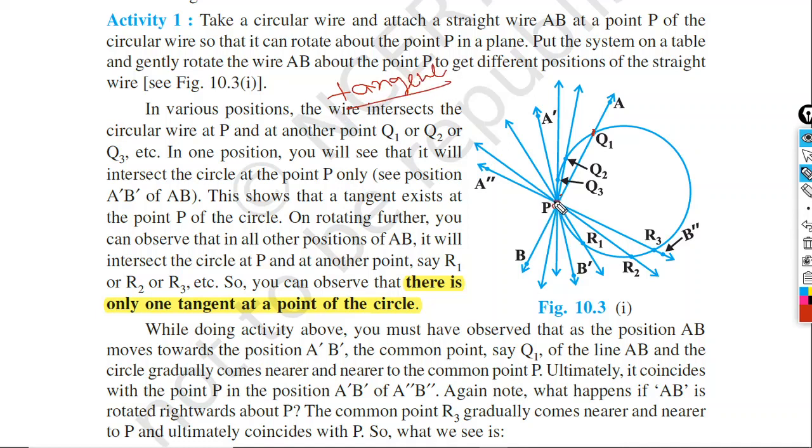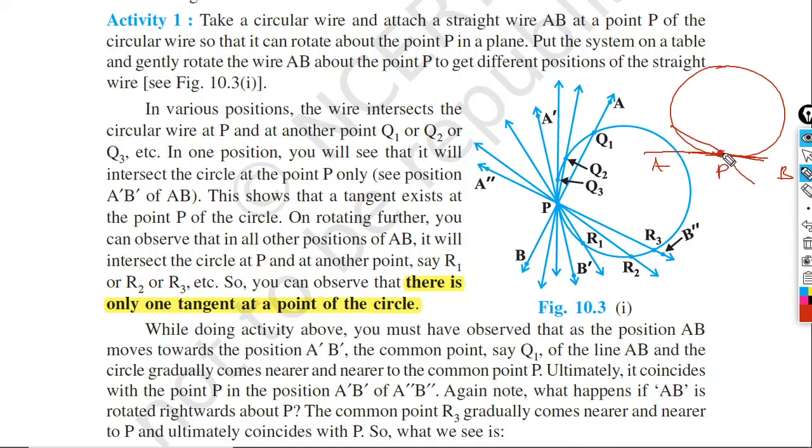Now again, suppose this is the tangent. I'll draw a clear figure for you here. Suppose this point is P. Now suppose this line AB is intersecting the circle at only one point. Now if you bend this line AB slightly like this, it will intersect the circle at another point.